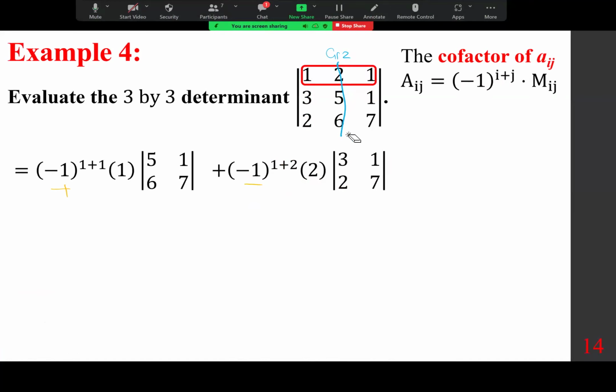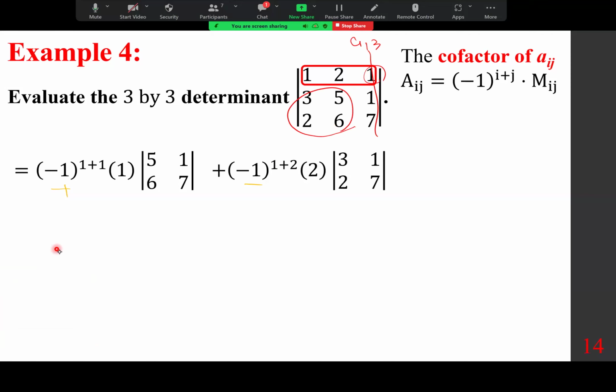For the third one, this is a 1, 3, which is number 1, and this is the determinant.